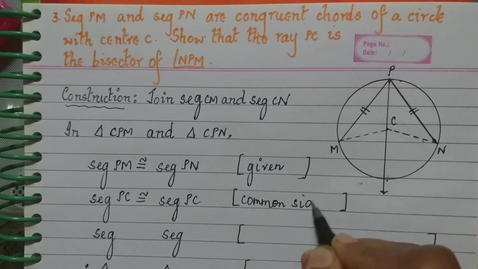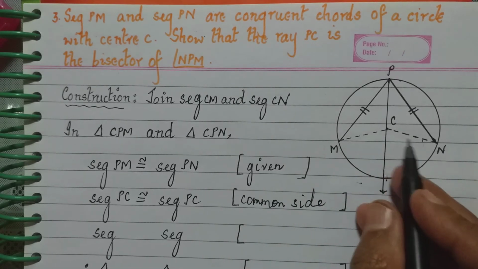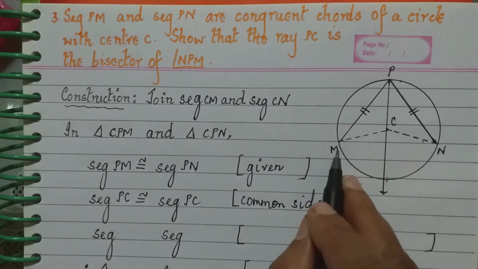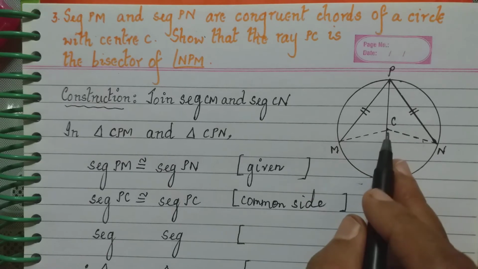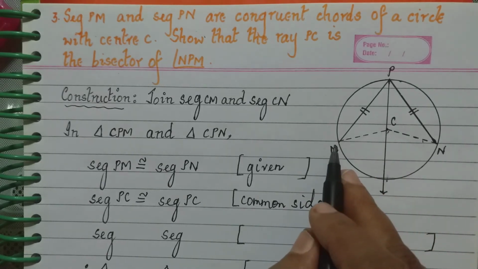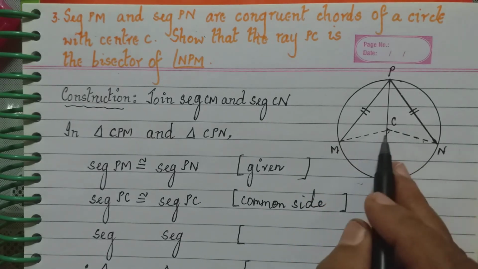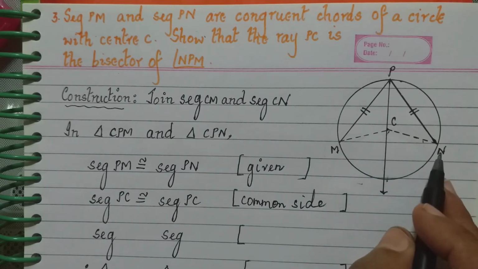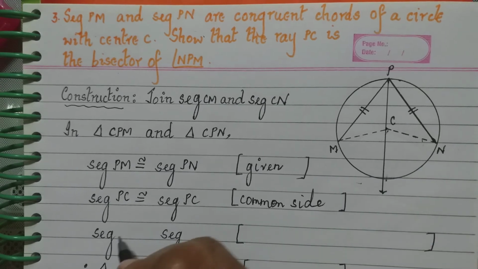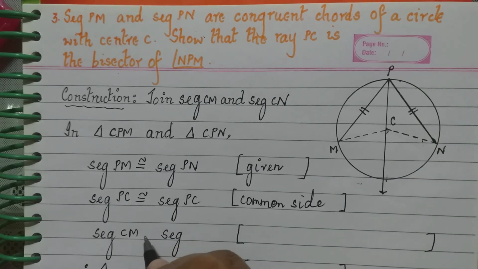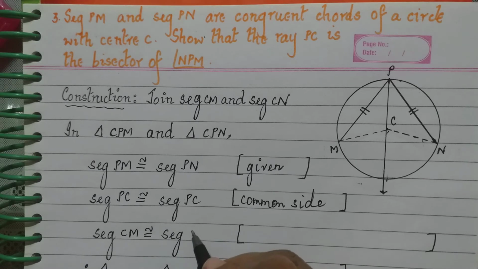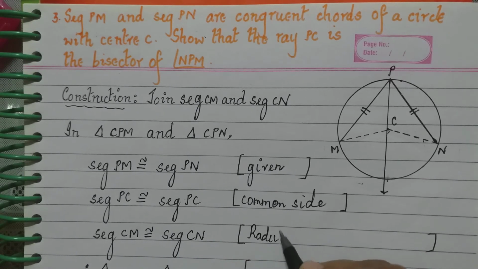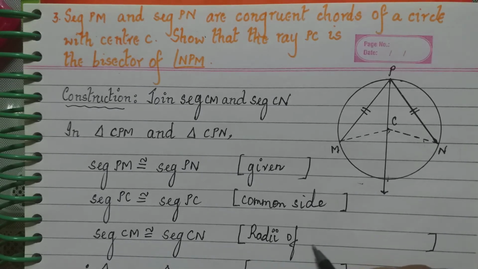What about the third side now? We see that CM and CN is the third side. CM is the radius of the circle because it begins at the center of the circle and is drawn up to the circumference. CN also is a radius, beginning from the center and going up to the circumference. Therefore, segment CM is congruent to segment CN because both of them are radii of the same circle.